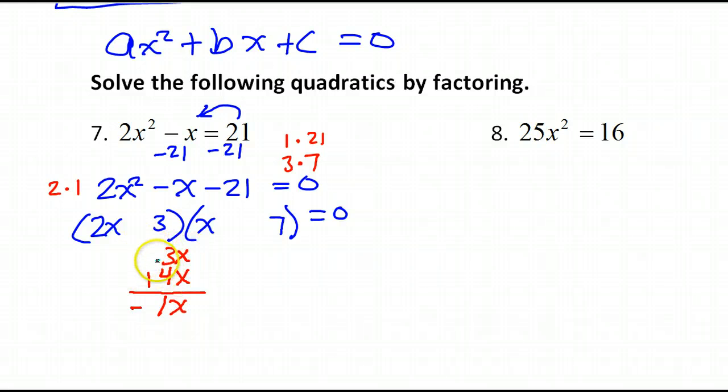All I can control are the signs. Is there any way I'm going to get negative 1 out of this? No. If I add, I get 17. If I subtract, I get 11. There's no way I'm going to get 1. That didn't work out. Before I cross these out and try the 1 and the 21, if I were you, I would try switching places here.